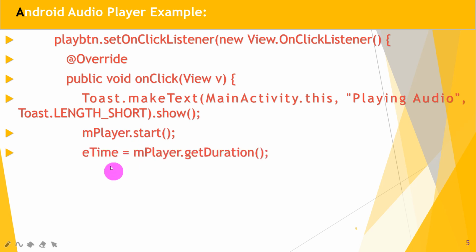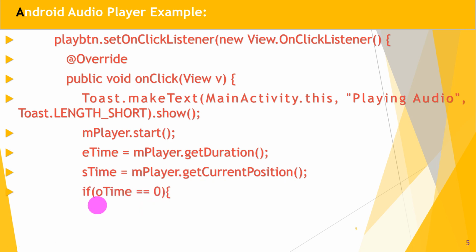Then, for the end time, calculate the duration and store it in the endTime variable, which is integer type. So mPlayer.getDuration, that duration must be in milliseconds.